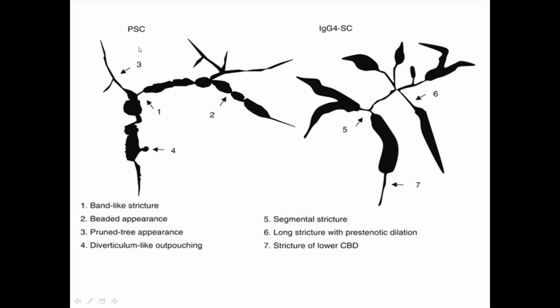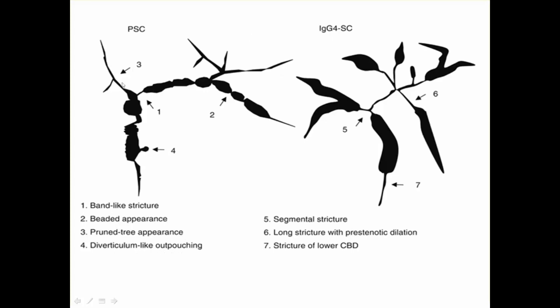Then this is the appearance of primary sclerosing cholangitis, and this is the appearance of IgG4 sclerosing cholangitis. In the primary type, you have band-like strictures, beaded appearance, pruned-tree appearance, and diverticulum-like outpouching.